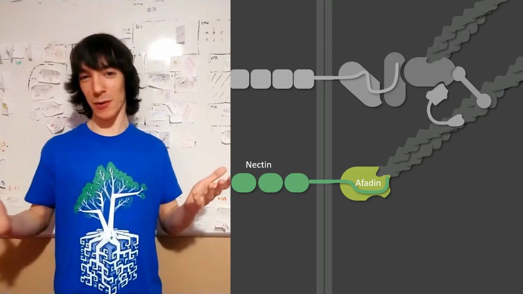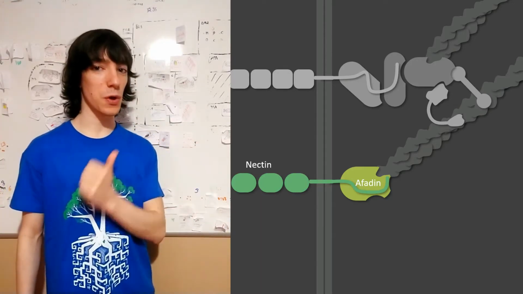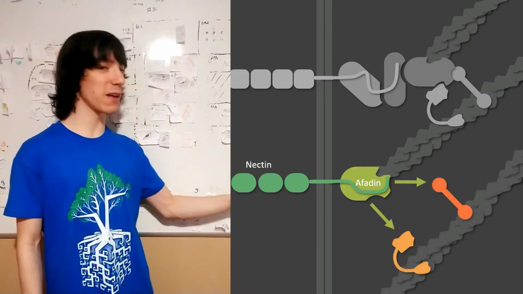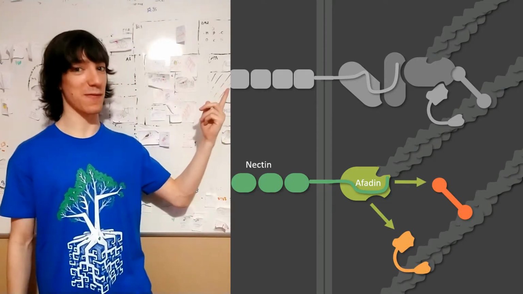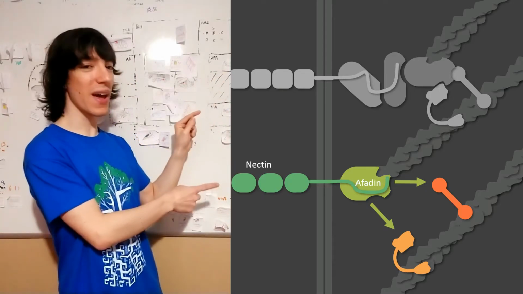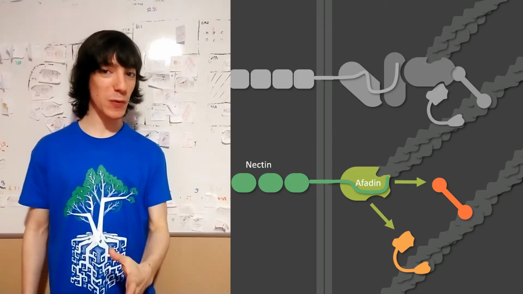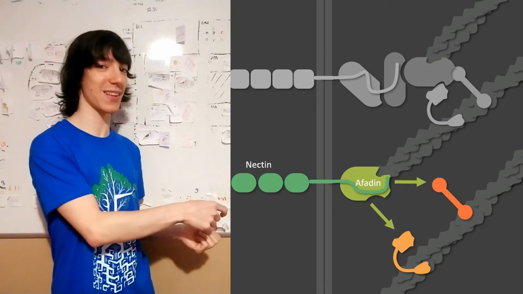Going a bit deeper, because why not, we can also mention the fact that afadin can recruit vinculin and alpha-actinin, as alpha-catenin did. And this can also help to recruit more actin filaments to the adherence junction. We can even mention the proteins that afadin uses to do that.